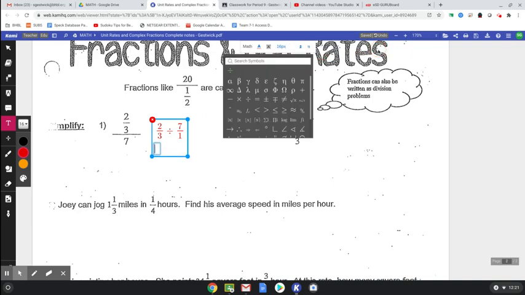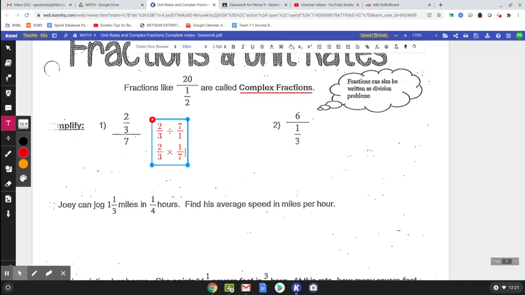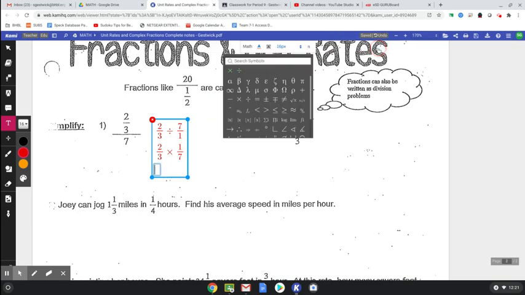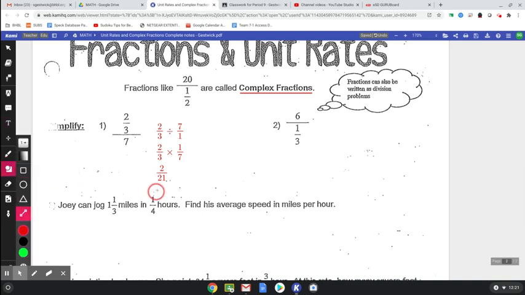So we've got really 2/3 times, and we're going to flip it to the reciprocal, 1/7. All right, can we cross out anything? No. So we just go right to the answer. 2 times 1 is 2. 3 times 7 is 21. And that is your answer. All right, box it if that makes you happy. Right, there's your answer.